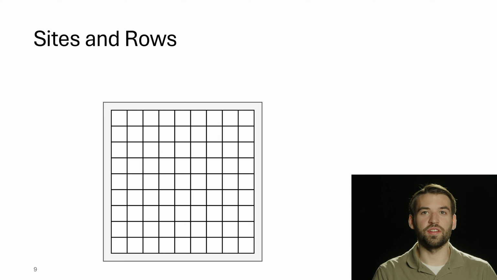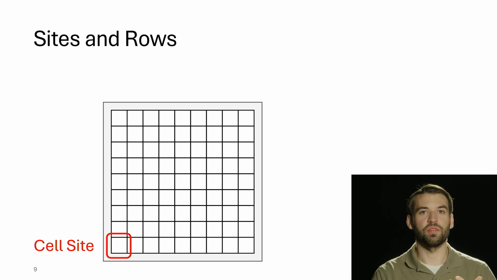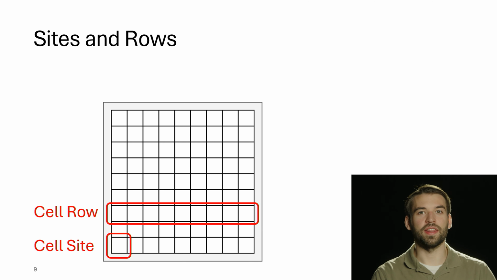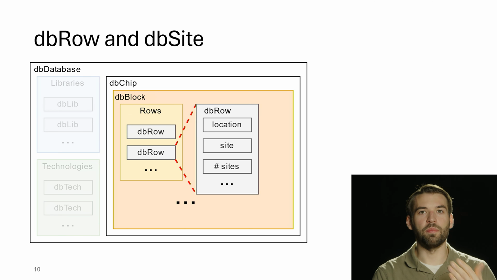So if we use these cell sites to create placeable slots over our whole chip, we get the structure that you see here. Each cell is tiled across the chip, and sites are grouped together into cell rows. Multiple rows are stacked together, and that forms all of the slots where instances can be placed on the chip. And both of these are stored inside the DB block too.